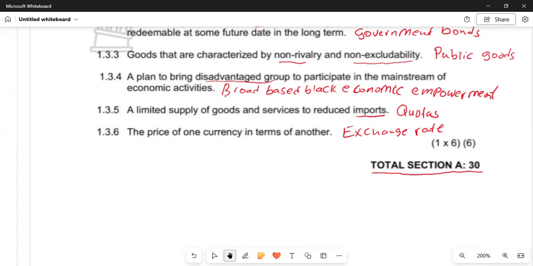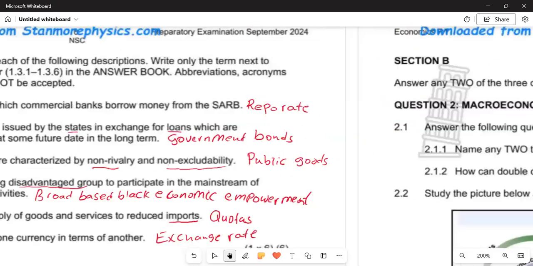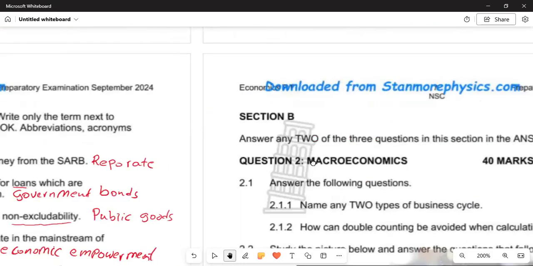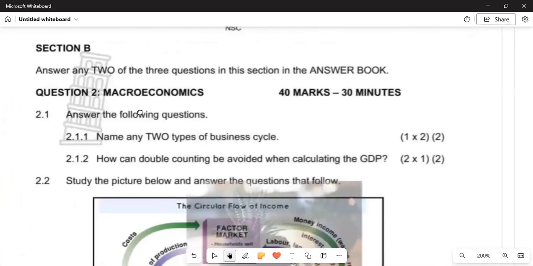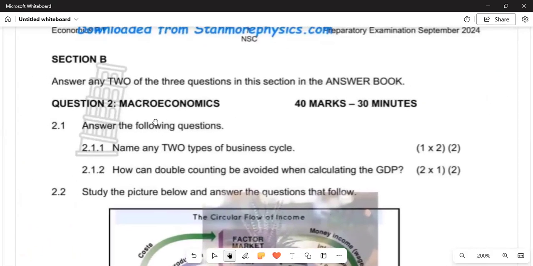So now, without wasting time, we are to quickly move on to question 2, which is section B now. So we are on section B. Question 2 reads as follows.